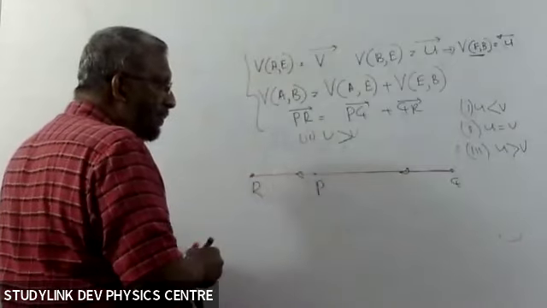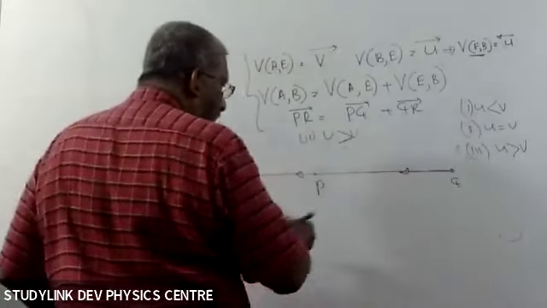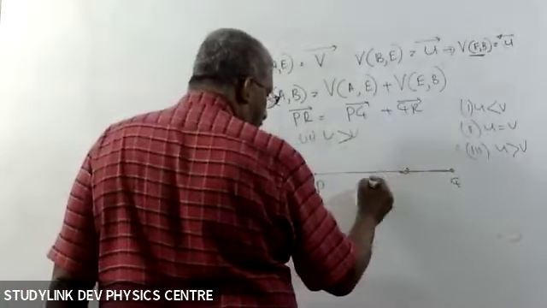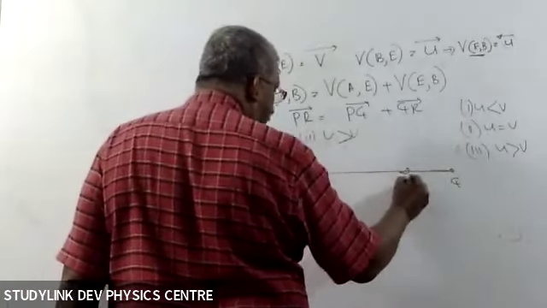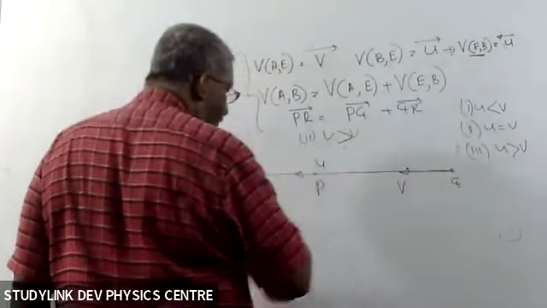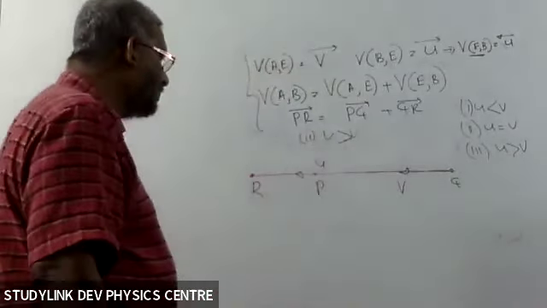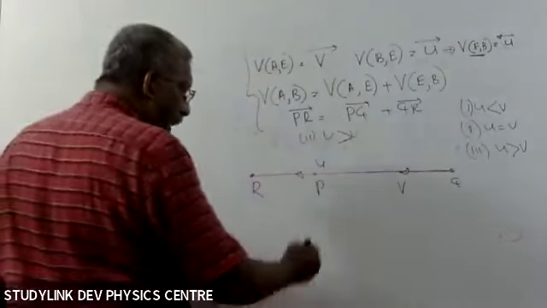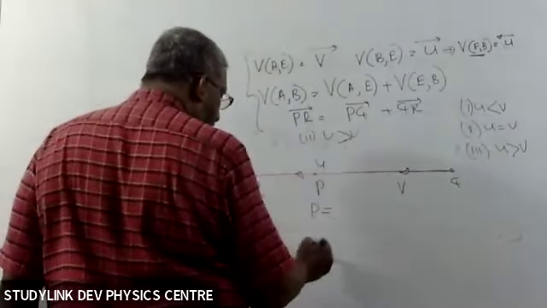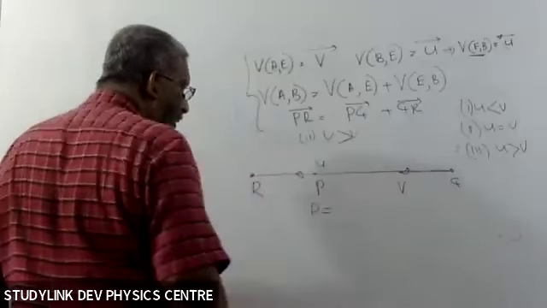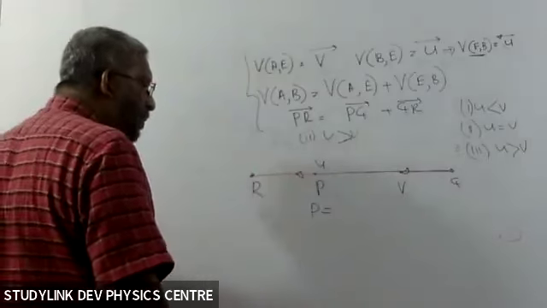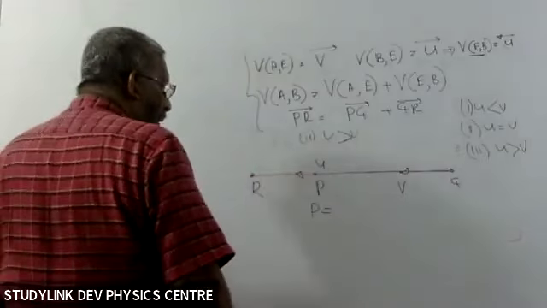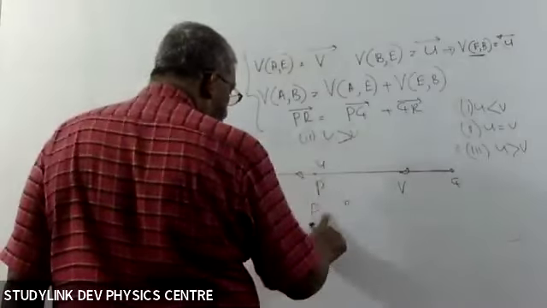Then look at this. The red one, the PQ value, is towards that direction. V, this is U. Then PR, that is RP, we'll say, is equal to QR.